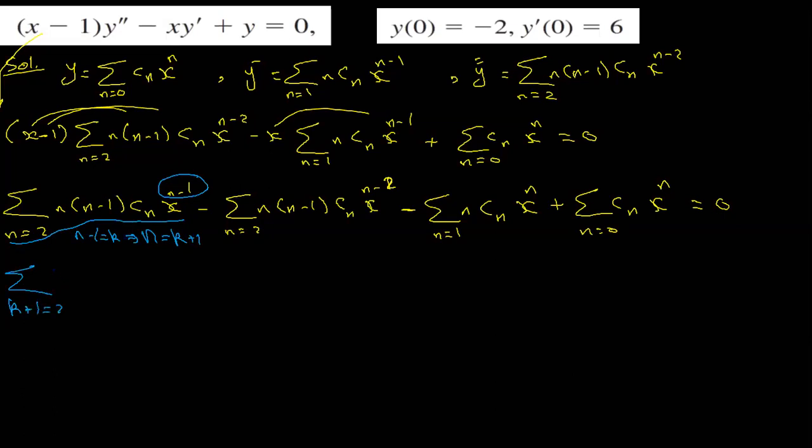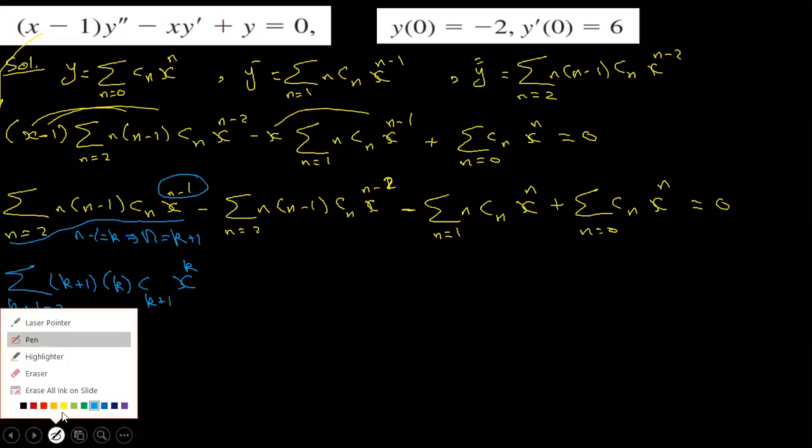My n here is k plus 1, and n minus 1 is only k. C of n is c of k plus 1. X to the power n minus 1 is x to the power k. Great, now only one letter.